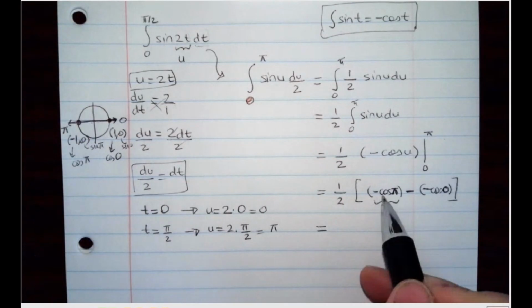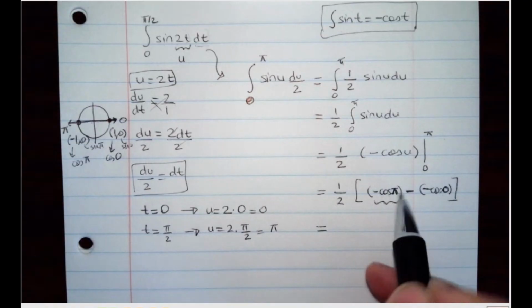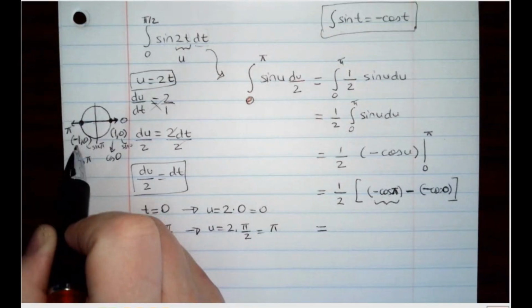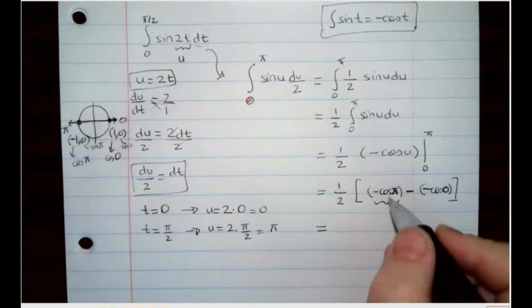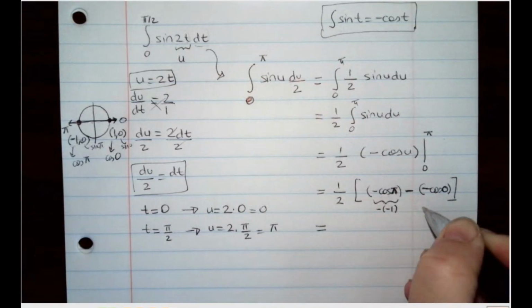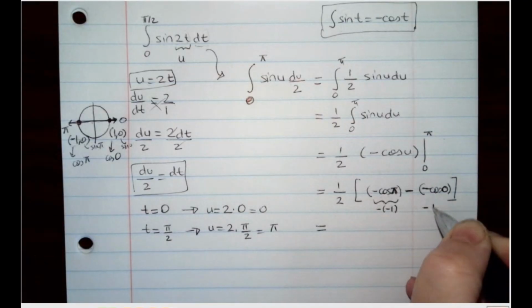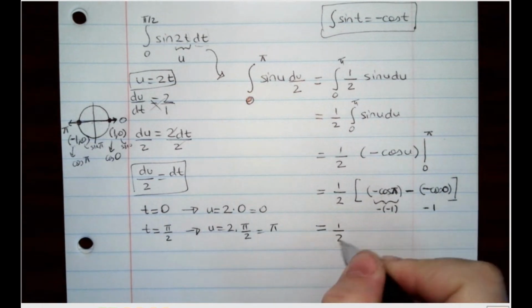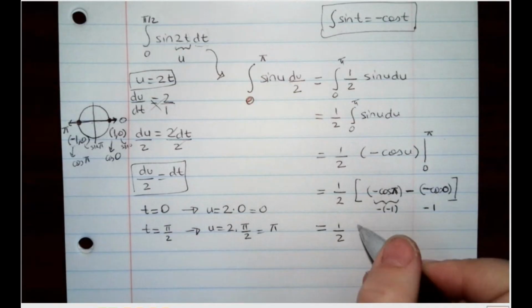So what is cosine of pi? We found that cosine of pi is negative 1, the first coordinate. And cosine of 0 is 1. There are a couple of negatives, so let's write this down.